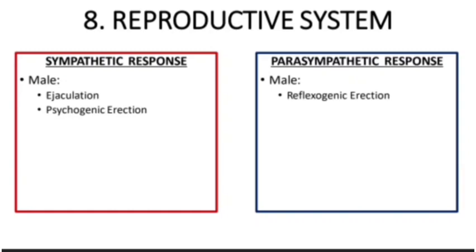So to be specific in this case, if your L1 to L4 is damaged with a spinal cord injury, you would risk that you lose the capacity of having an ejaculation or a psychogenic erection. Under your parasympathetic response, if the patient damages the S2 to S4 part of his spinal cord, then he is unable to perform a reflexogenic erection.